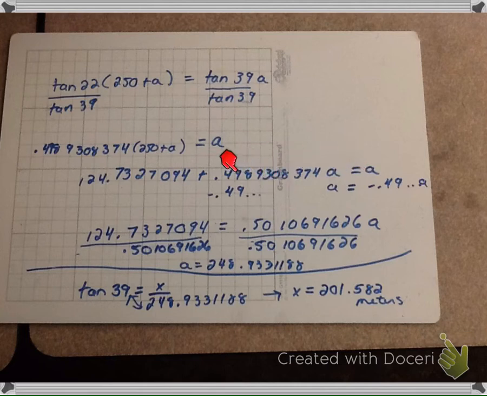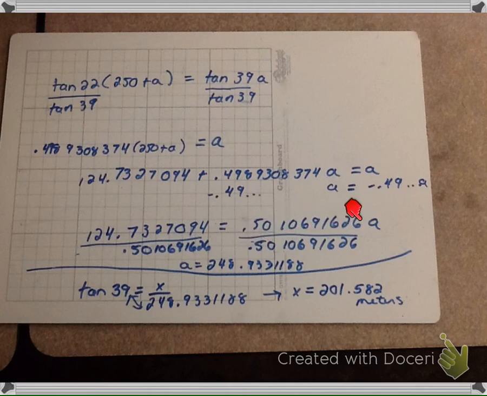So if I subtract 0.4989308374a here, and I subtract 0.4989308374a over here, what's going to happen is that on this side all I'll have left is this 124, and on this side I'll have 0.5010691626a.